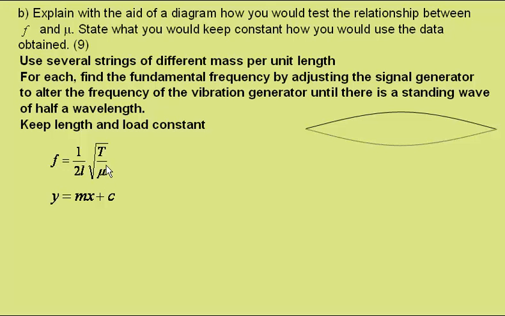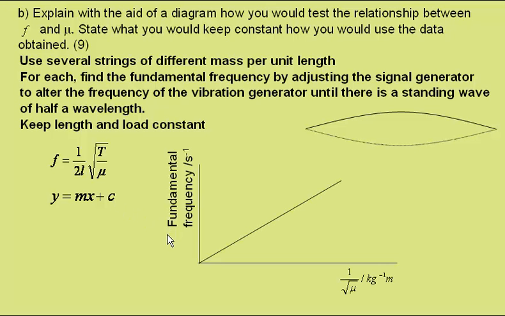We could plot 1 over the square root of mu as our x value. The gradient would then be 1 over 2L square root of T, and there would be no y-intercept. It should be a straight line through the origin, something like this.